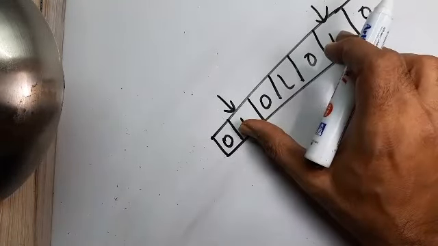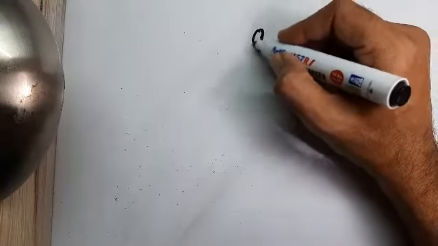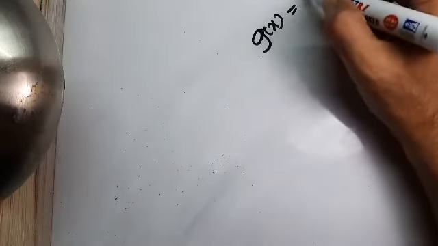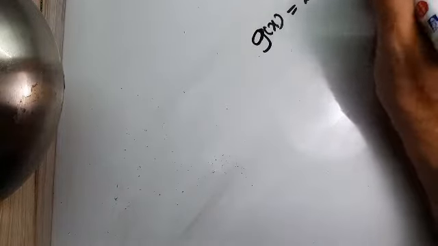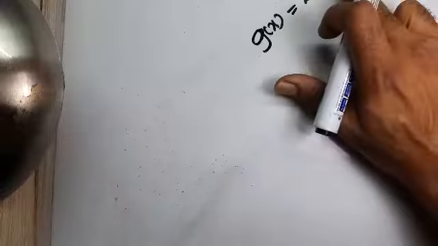In what situation will the generator detect this error? If the generator g(x) has 2 terms and the x raised to 0 term is 1, then the generator can surely detect a single bit error.